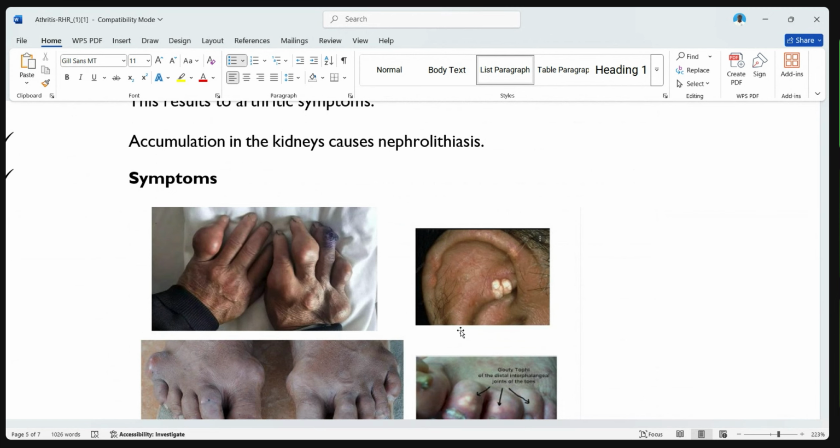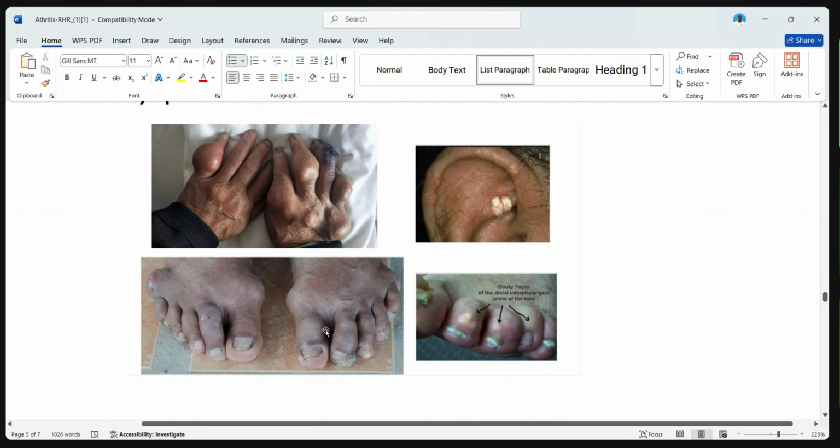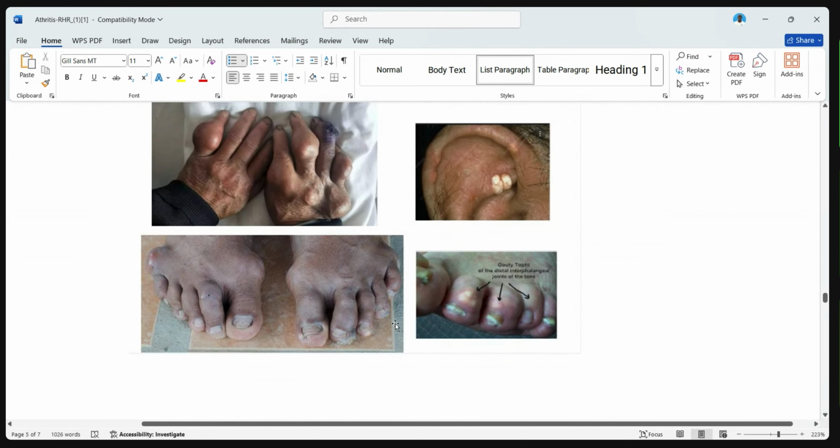It's not a joke. It's very painful. You can see the joint dislocation at this point and all that. And sometimes gout arthritis and septic arthritis, that is arthritis that comes due to infection at the joints, can present at the same time.